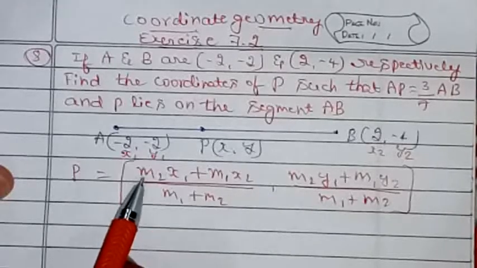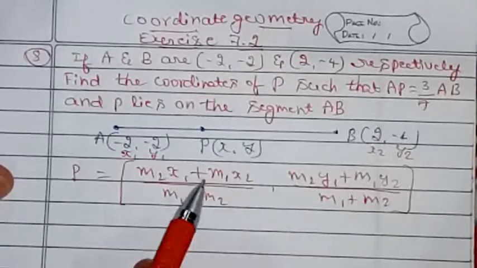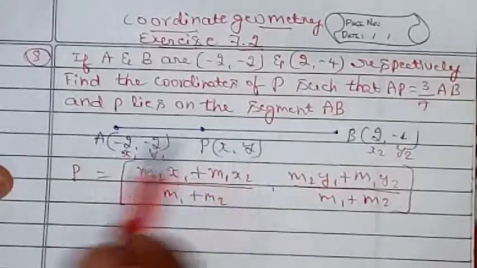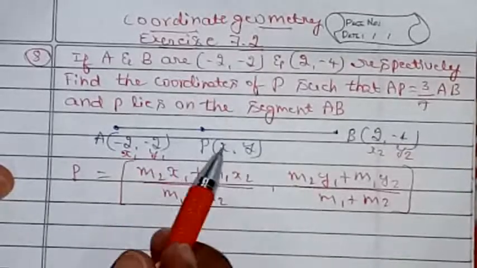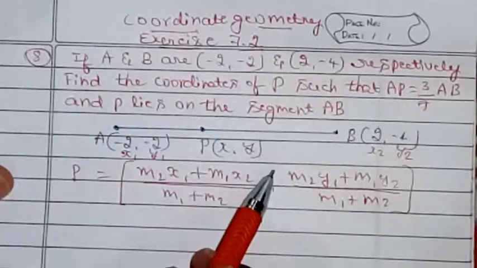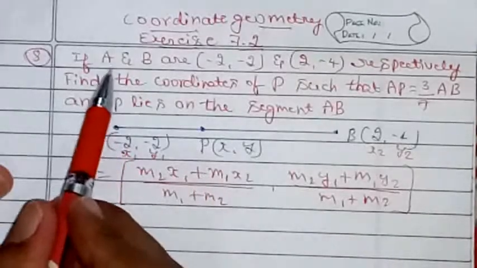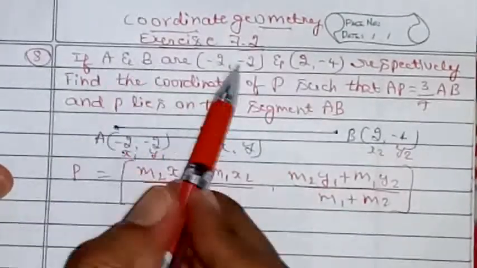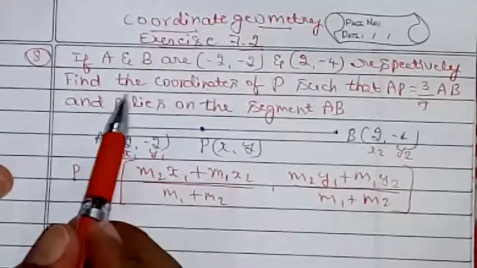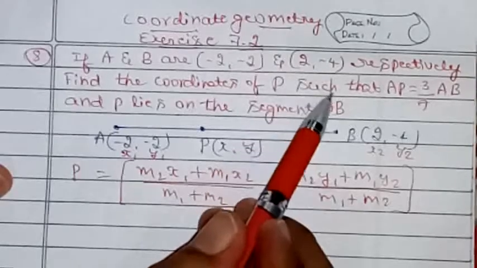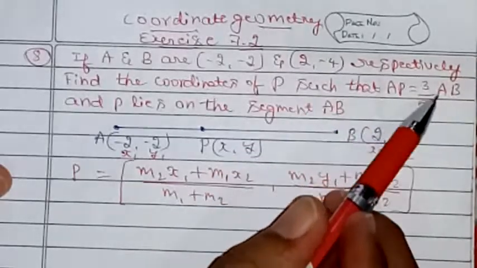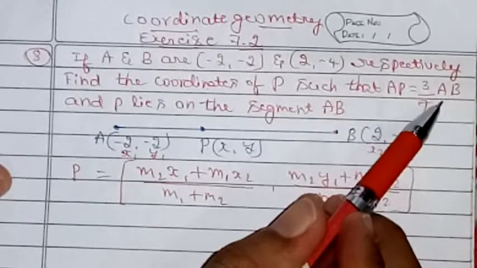So now we need m1, m2. Nothing but in what ratio this line segment has been divided, we need to check, right? So have they given a ratio here, children? No. Just check: the coordinates of A and B they have given, and you need to find the coordinates of P such that AP is equal to 3/7 of AB. That's it, they have given.